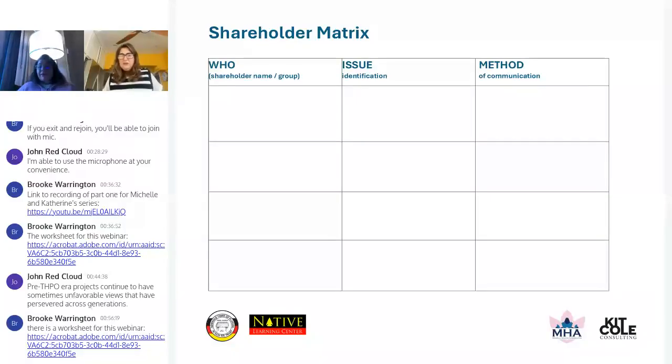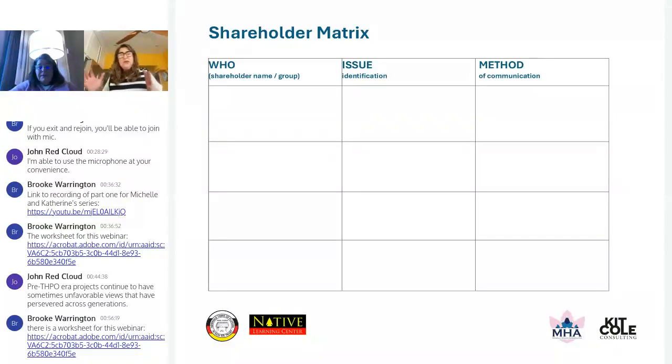So we've found this matrix, which is pretty simple. Michelle and I have been at meetings where we've just hand drawn this matrix. You don't have to have it perfectly organized. But we found this super helpful in trying to keep track of who's involved, what their issue might be, right? So maybe their issue is with the falls, with the historic use of tribal resources to create energy, and then how these folks like to be communicated with.